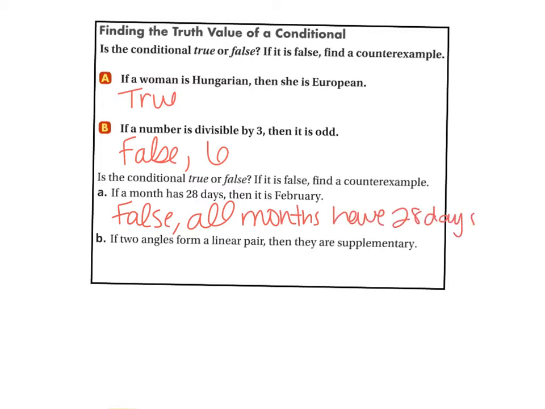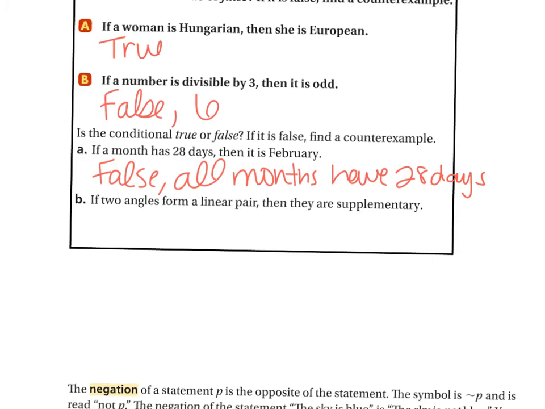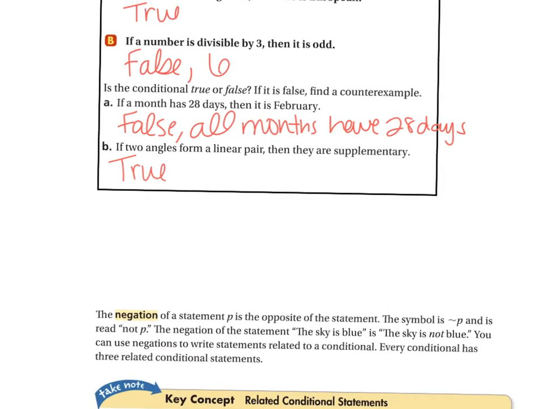I didn't say if a month has only 28 days. Okay, if two angles form a linear pair, then they are supplementary. Well, that's true. That's the definition of a linear pair.